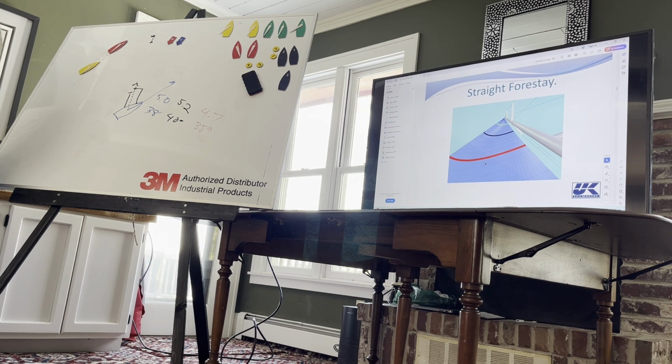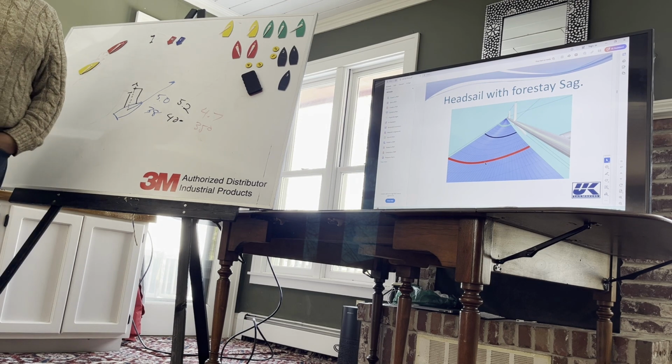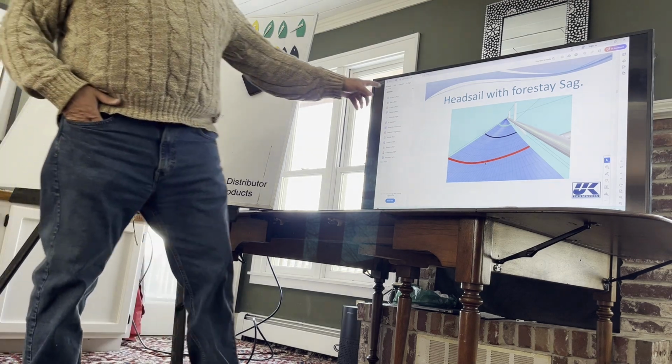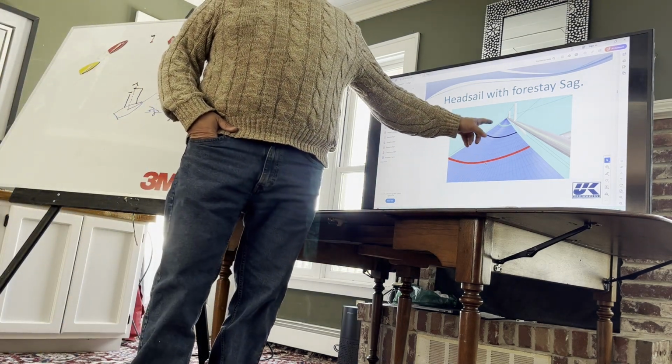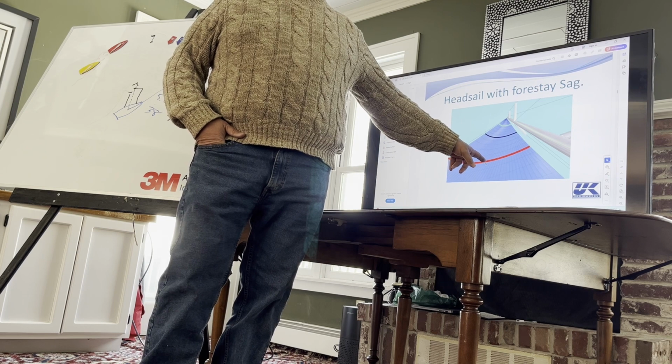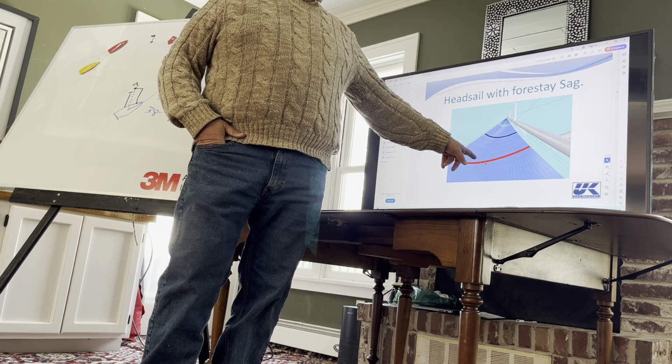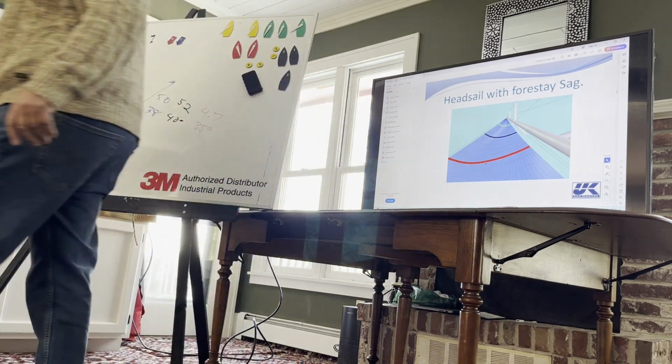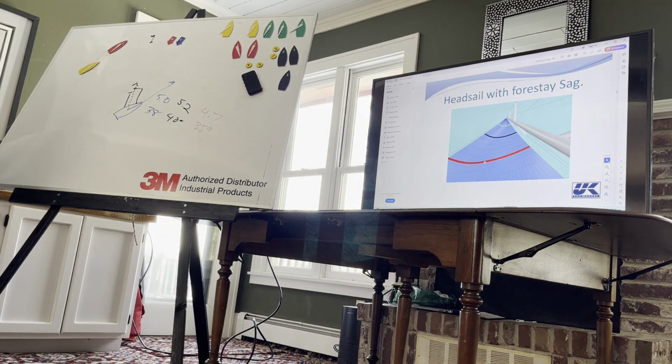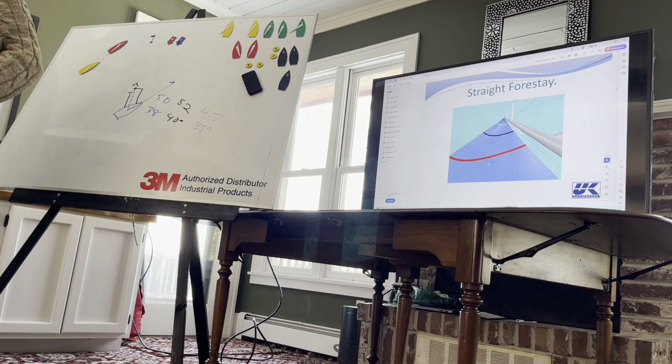Look at the draft stripes. They change. With the saggy headstay, the draft gets deeper and forward. With a tight headstay, the draft gets flatter and moves aft.